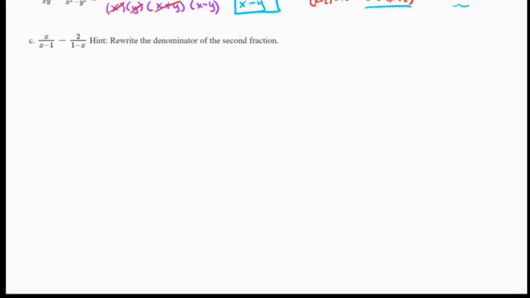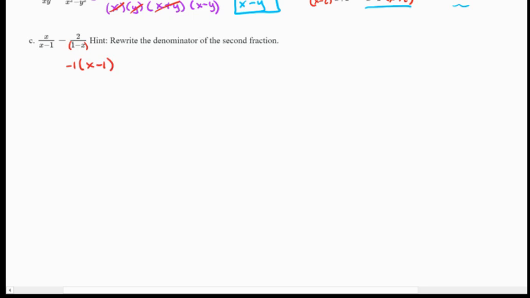For this one, I could do the same thing that I did for b, where I multiply both sides by a giant 1. But this one gives me a hint that says to rewrite the denominator of the second fraction. I notice that these are just flipped, so I can factor out the negative 1 times x minus 1.